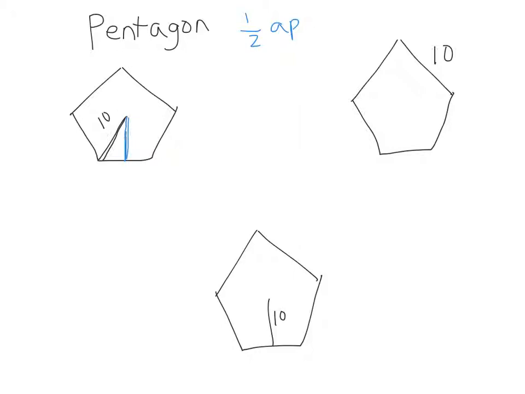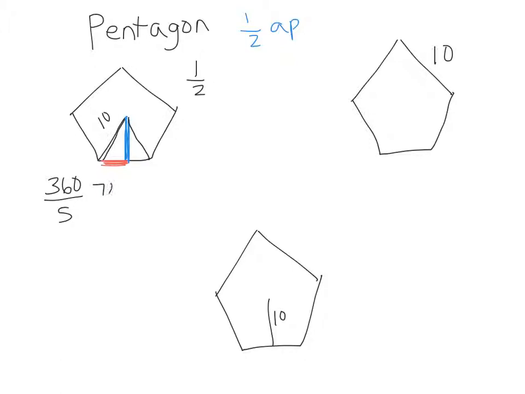I need to figure out this blue segment for the apothem, and then I need to figure out this for the perimeter. So it's going to be 1/2 the apothem. This is not a special right triangle, because it's not a 30-60-90. To figure out the degrees, I do 360 divided by 5, which is going to get me this angle. And then I cut it in half.